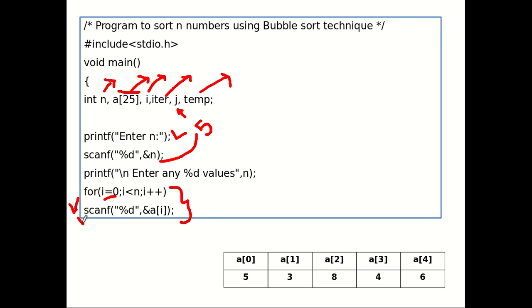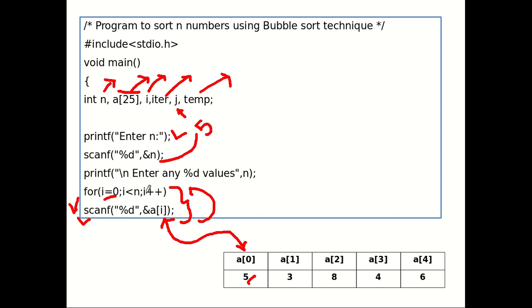This statement will be executed inside the loop. It reads a number from the keyboard and stores it into the respective memory location, which depends upon the value of i. Right now the value of i is 0, so a of 0 is the first memory location. In the first memory location, the first value is stored. Again it goes back to the loop.